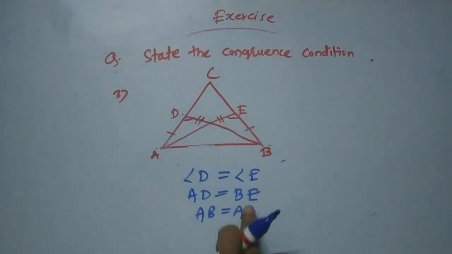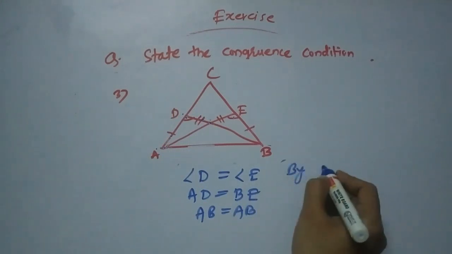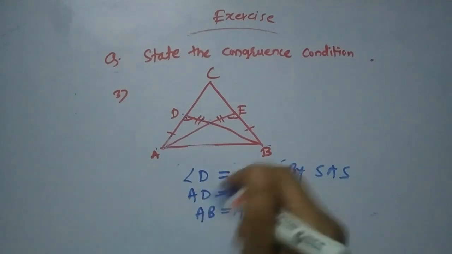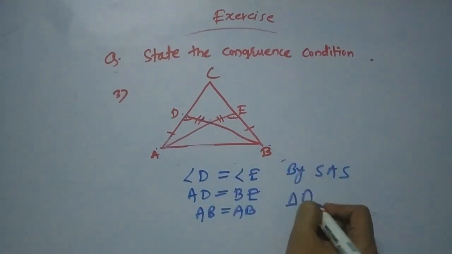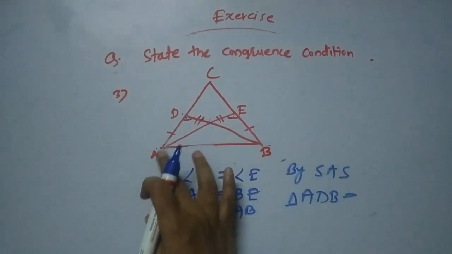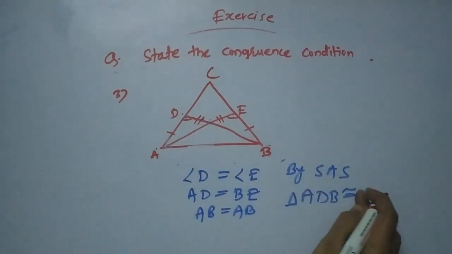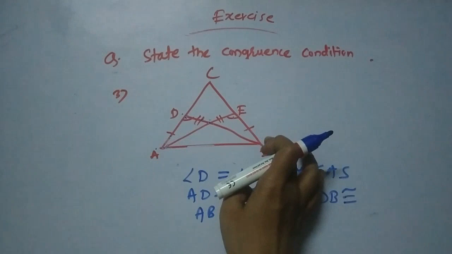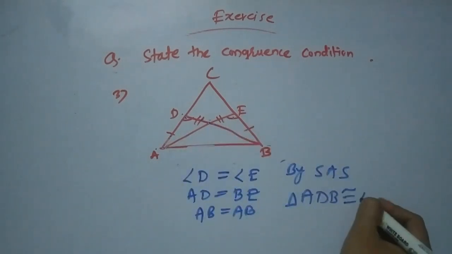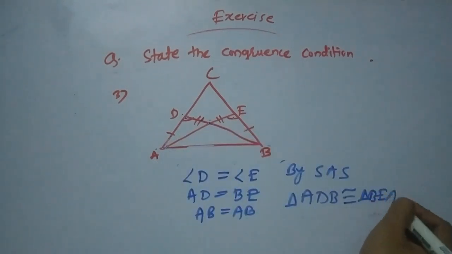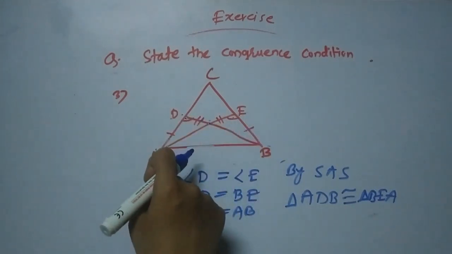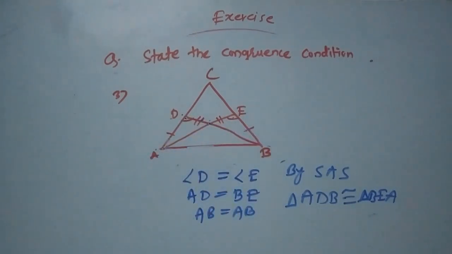So by SAS, side angle side, I can say that triangle ADB is congruent with, this is the symbol of congruence, BEA. This is ADB and this is BEA. So these two triangles are congruent.